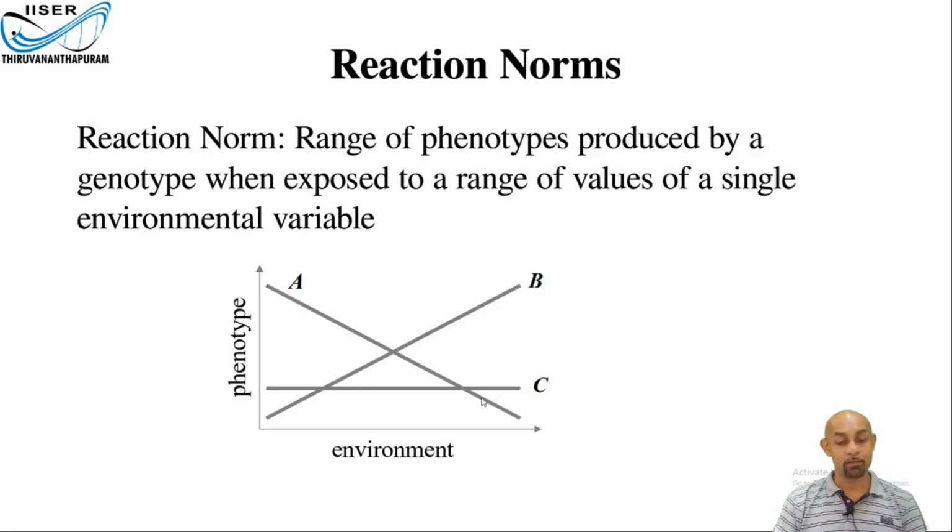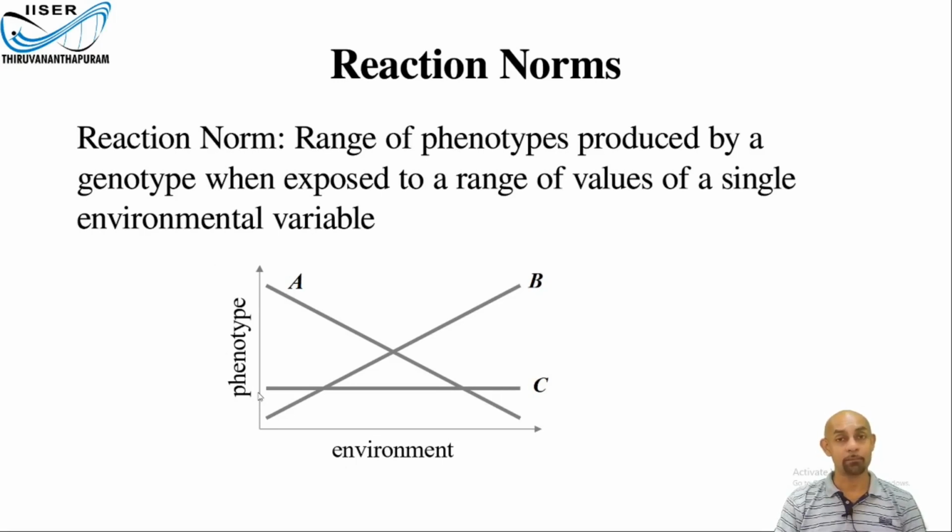So this is one kind of relationship you can have between the phenotype and the environmental values. You can have a decreasing relationship, or you can also have no change in phenotype at all. So let's look at the number of eyes or the number of wings in a butterfly. If you plot that against, for example, temperature, you'll find that the number will remain constant.